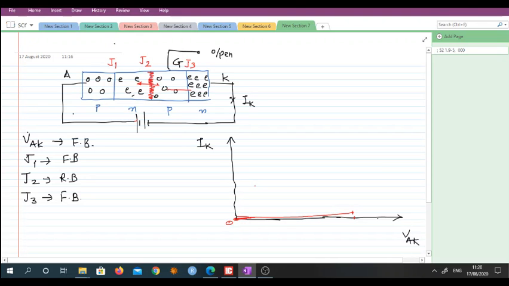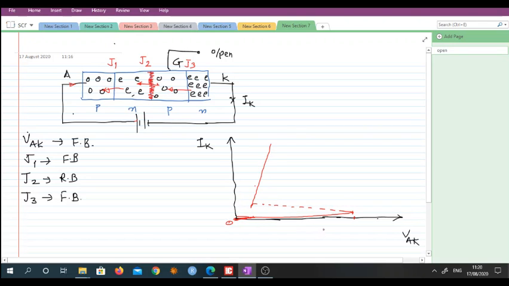They travel from here to here and recombine with a few holes, but since this is highly doped, few electrons will break this wall and come out and will flow through the device, and therefore internally electrons flow in this direction and current will flow in this direction, and because current starts flowing through the device, voltage suddenly drops down. This is the voltage, how it suddenly drops from this potential to here, and current drastically increases like this.